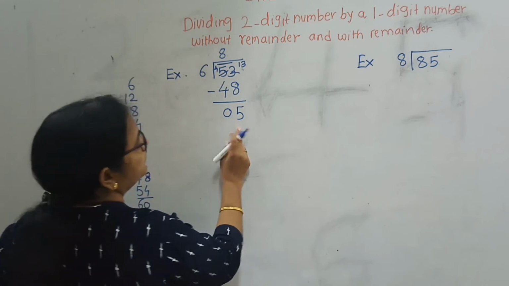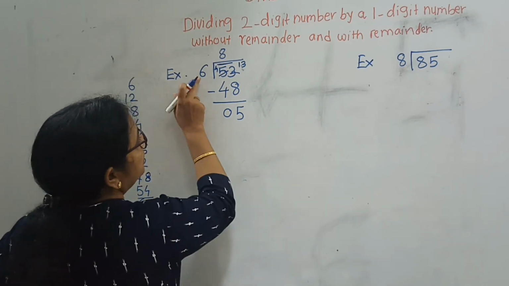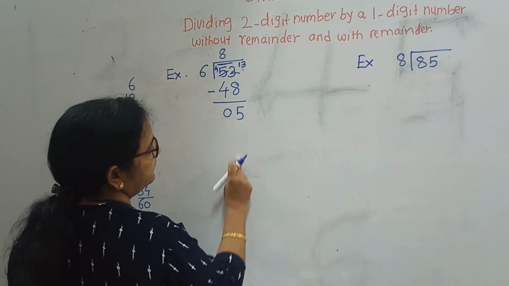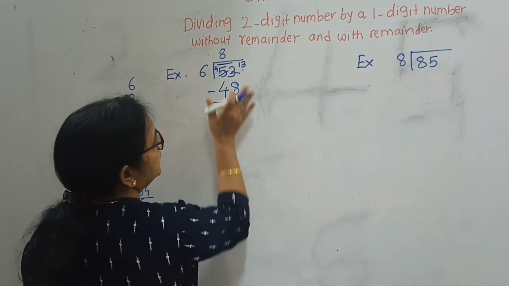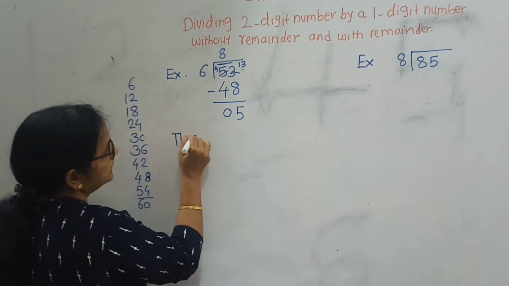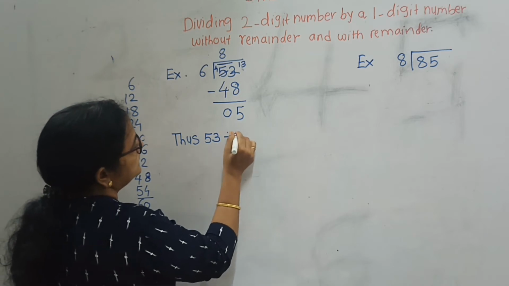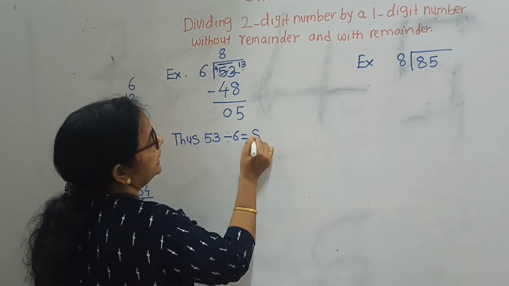Yes. We complete. Now here is 5, and here 5 is smaller than 6, so we cannot divide here. Next. So our example is complete here. Thus 53 divided by 6 is equal to 8.